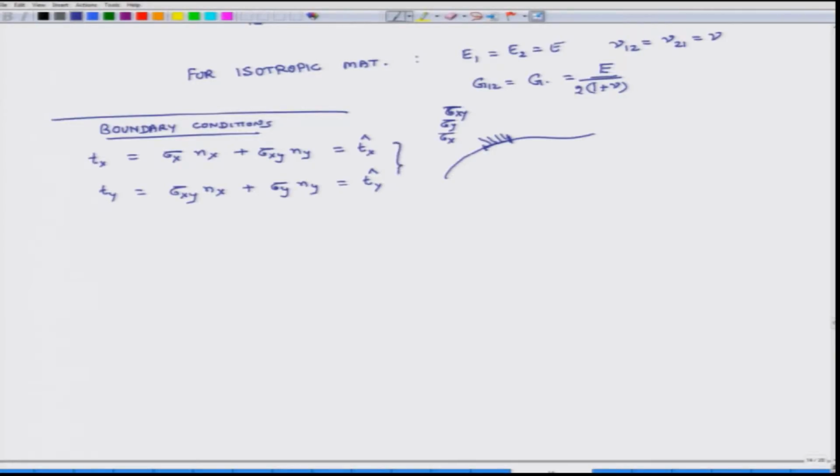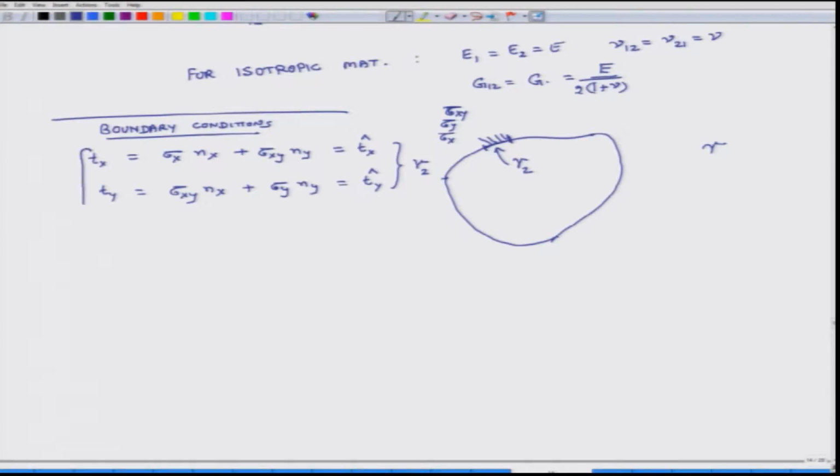Let us say these values are known on some portion of the boundary, which we call gamma 2. The overall boundary is gamma, and the portion on which tractions are known I call gamma 2.